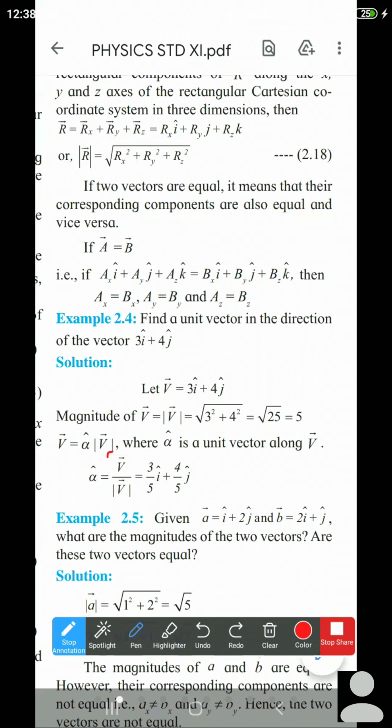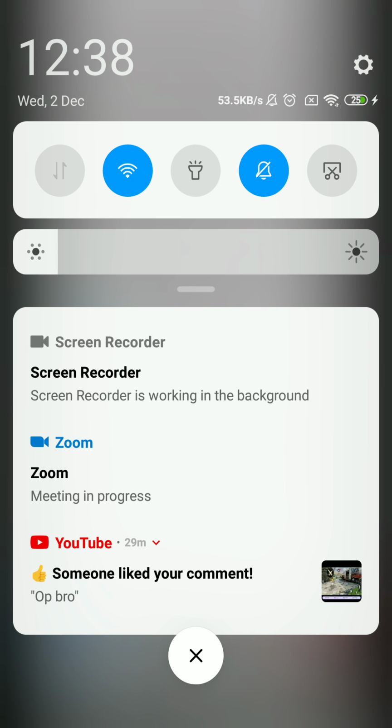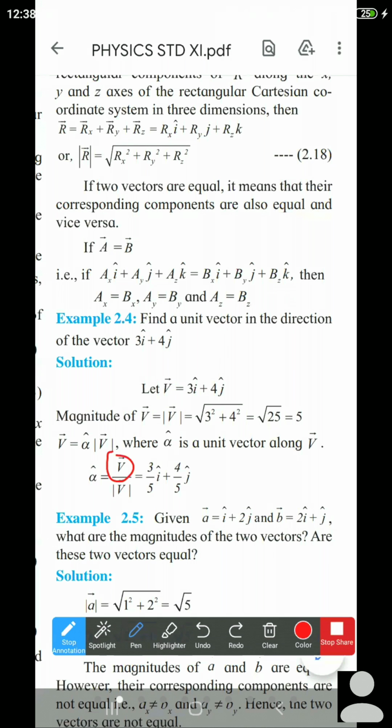तो वेक्टर v क्या है, 3i cap plus 4j cap is a vector divided by magnitude of v. तो यहाँ पर मैग्नीट्यूड क्या आई है v की, 5.